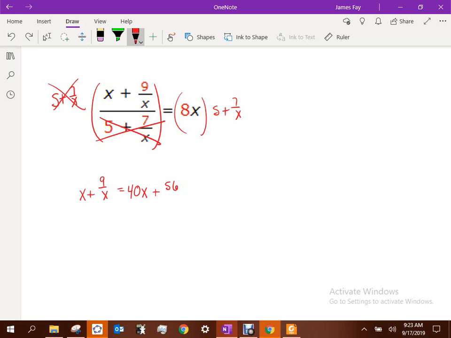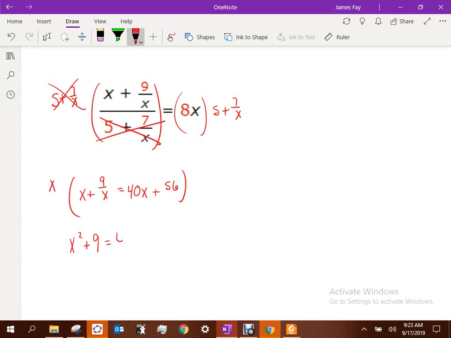So after one step of multiplication by that denominator, we get an equation like that. Still have a denominator though, right? Still have a fraction up there. Let's multiply by x again. Multiply this whole thing by x. What's x times x? x squared. It's going to give me 9x over x, which is just 9, right?